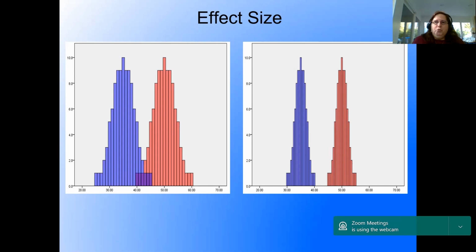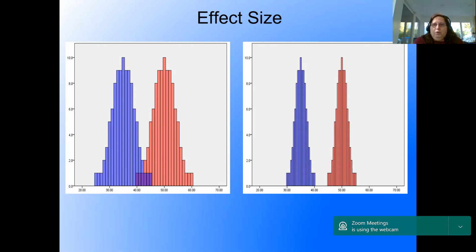Yet, if I asked you which picture has the larger effect size, which shows the larger difference between groups, you'd probably tell me it's the picture on the right, and you would be correct. So why is that? It's not because of bigger mean differences, it's because of smaller standard deviations in the right picture. Notice how much more narrow the blue and the red are in the right picture as compared to the left picture.